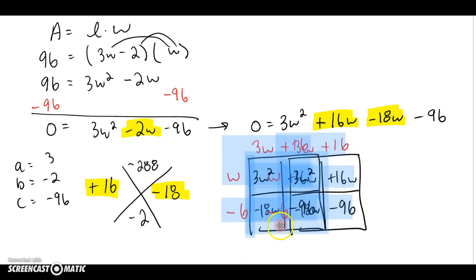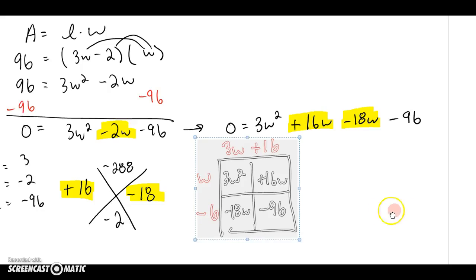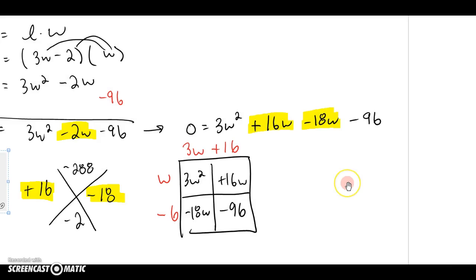Move this over yonder. Okay, so what this now does is this is going to allow us to find what w equals. So we're going to have that the width of this rectangle can be found by these two factors here. All right. If I solve, one of these is going to be the value for w. So if I solve for w here, I know that one of these has to be 0.